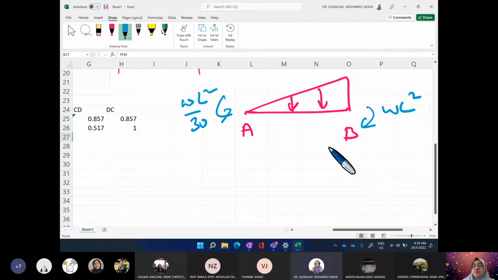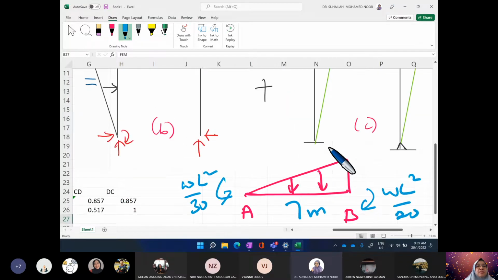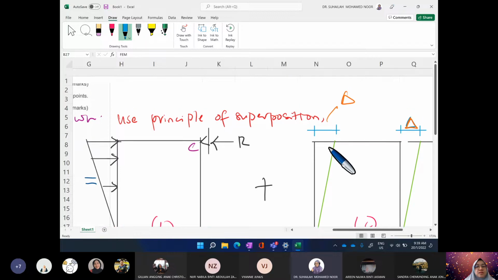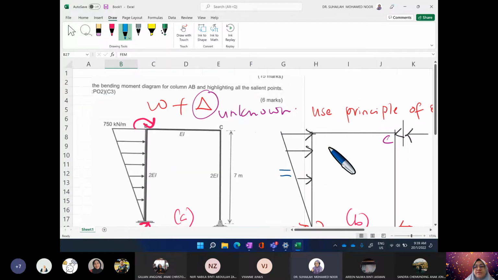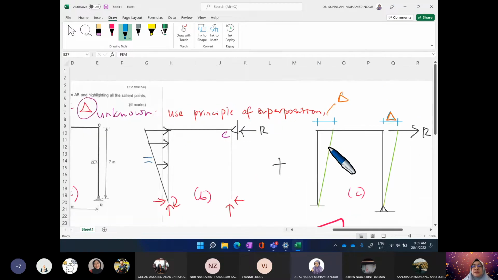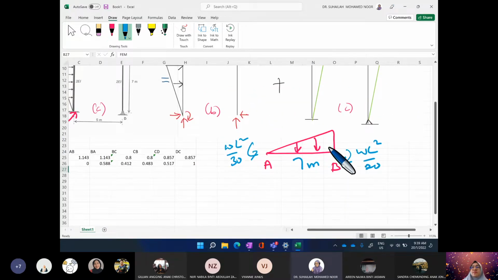This is WL squared over 20. This is 7 meter, and the value is 750.